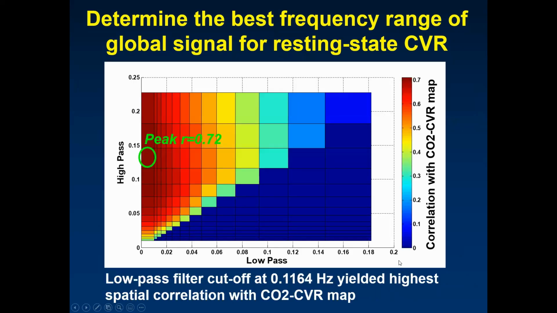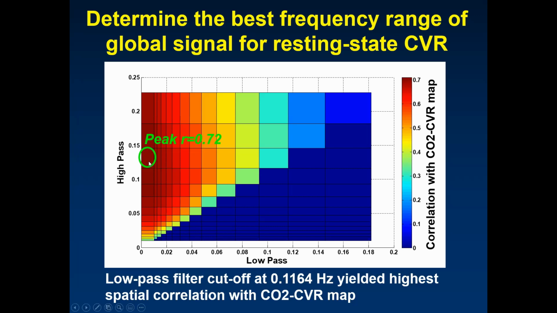Shown here are the group average results. We compared a total of 120 combinations of low frequency cutoff and high frequency cutoff, and the colors of each box show the group average correlation with the CO2 CVR map.